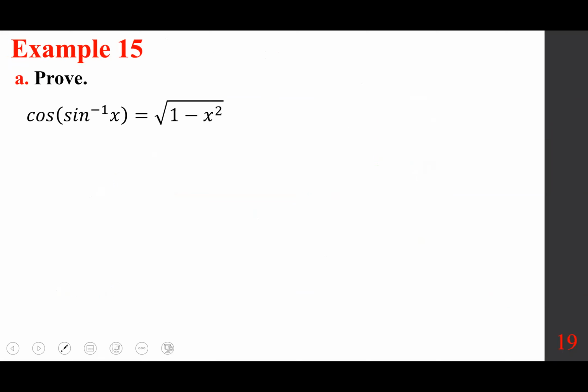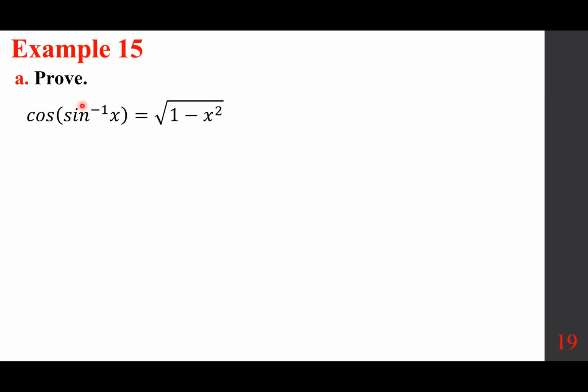All right, we want to look at cosine of sine inverse x and prove that it's equal to the square root of 1 minus x squared. And to do that, I hope you remember that when we look at the sine inverse, or arc sine, that's an arc or angle.